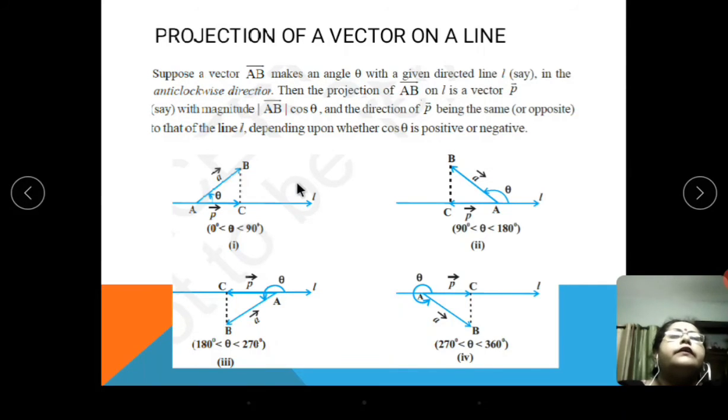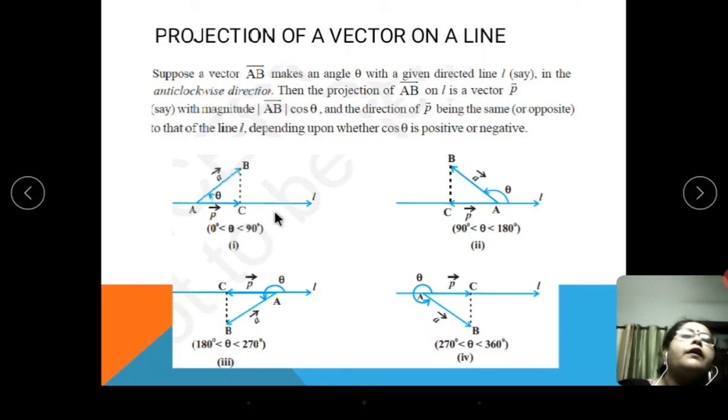So actually this projection means we will drop a perpendicular from the terminal point B of the vector to the line L, and then this portion AC is actually the projection of the vector AB on the line L. If we think of it as a vector AC, denoted by this P notation, we will call this the projection vector, and just the length AC is called the projection of the vector AB on the line L.